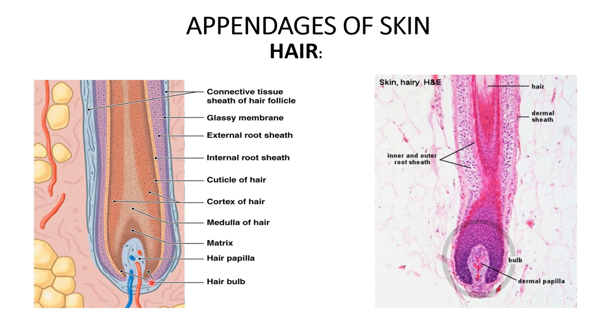And then we move towards the hair follicle or the hair bulb, which comprises the inner root sheath and the outer or external root sheath. The inner root sheath consists of a further 3 layers: the cuticle, Huxley, and Henle.